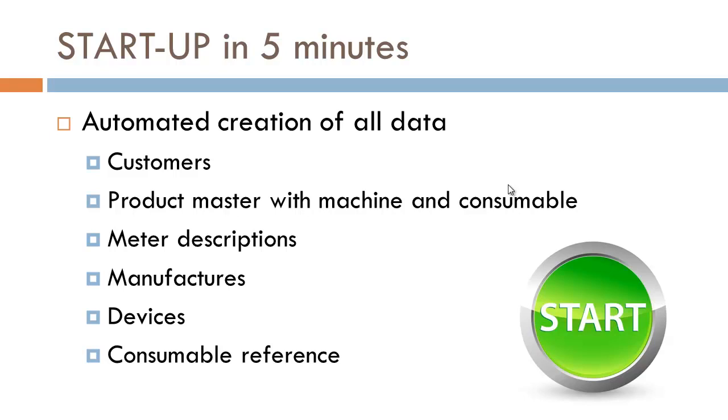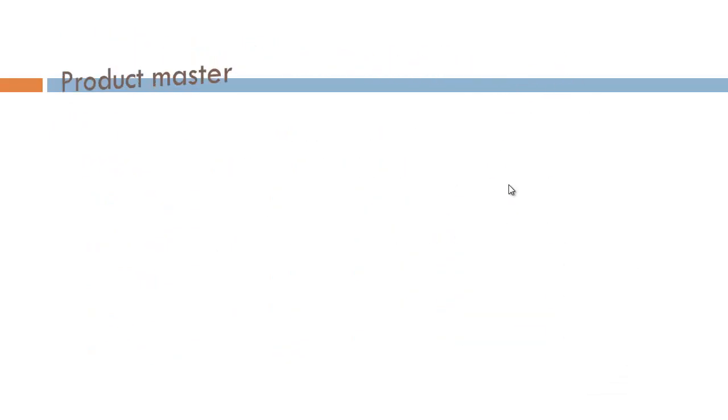And we call it the consumable reference, so we know exactly which device is using which consumable. And all this is done automatically in Success ERP by the first scan and the first data entry. If you have new machines or new customers you're scanning, all the data will go into Success without any manual data entry. A lot of time saving.